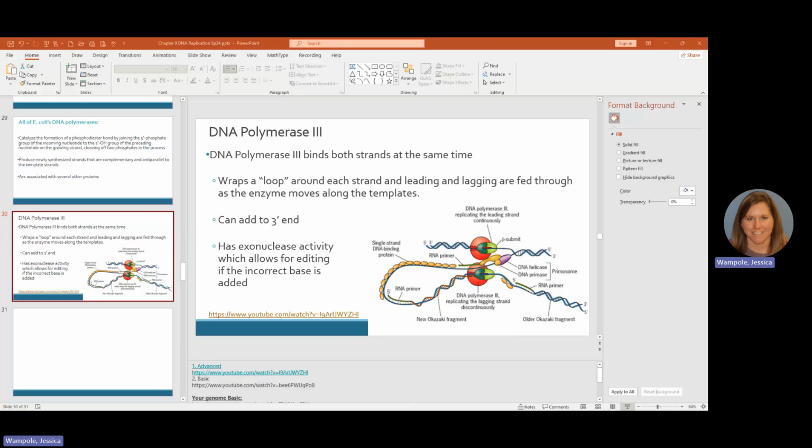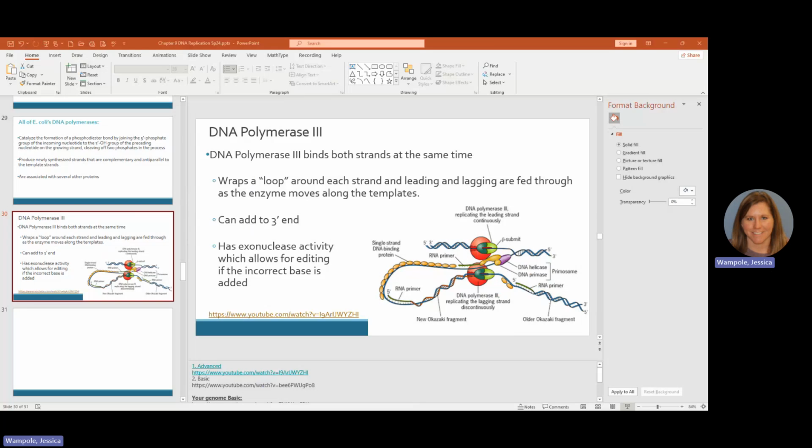DNA helicase binds and is going to move along the replication fork and open up the replication fork as it moves. So DNA helicase opens the replication fork. We've already got those initiator proteins that have come in and opened up the bubble.